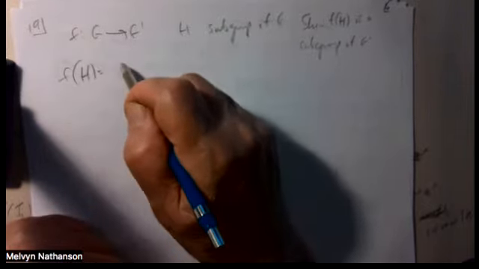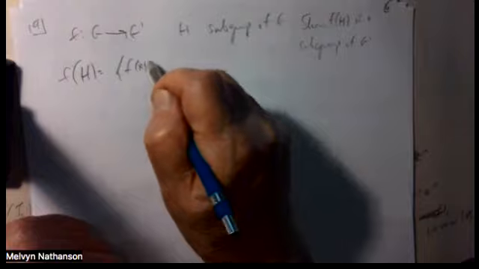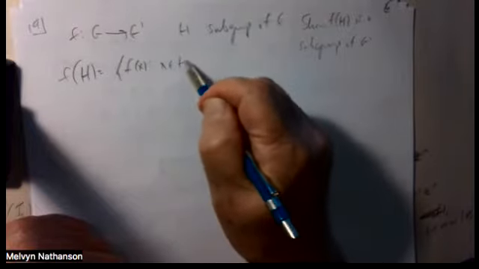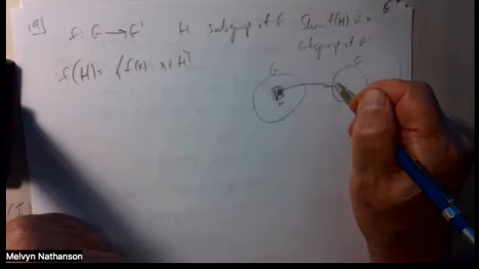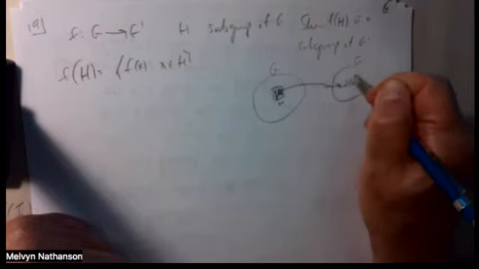So what is f of H? f of H means the set of all f of x for x in H. Here's G, here's G prime, here's a subgroup H, and here are the images of all the elements in H. And we want to prove this is a subgroup.